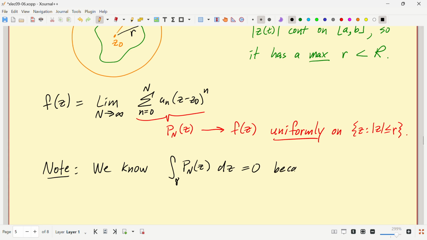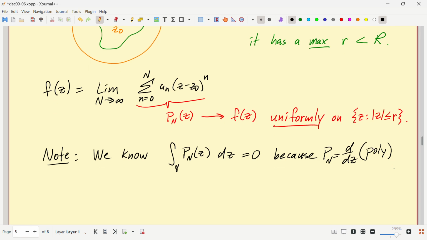Because p n of z equals d by dz of the obvious polynomial that you learn in freshman calculus. And when something's a derivative of something, you integrate it, go out on a closed contour, and use the fundamental theorem of calculus, and you get 0.